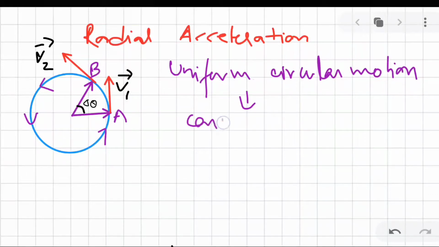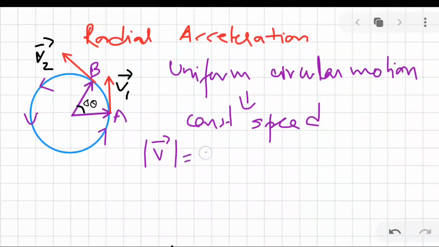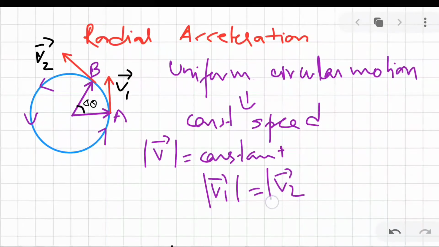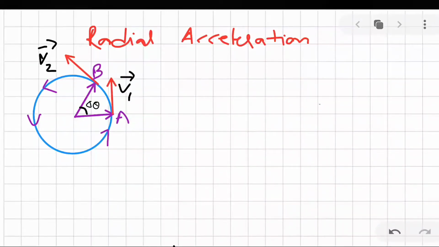Constant speed means the magnitude of velocity is constant, which means the magnitude of v1 is equal to the magnitude of v2, and it is equal to, say, v. So now we have velocity v1 and v2 represented by two vectors.